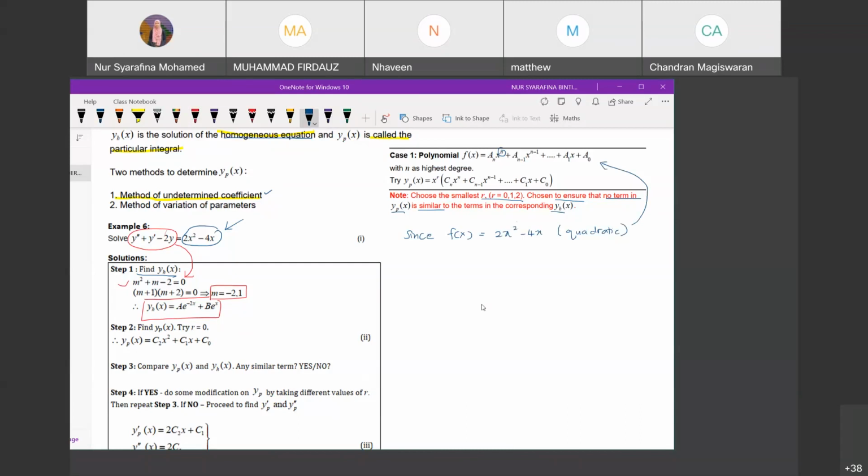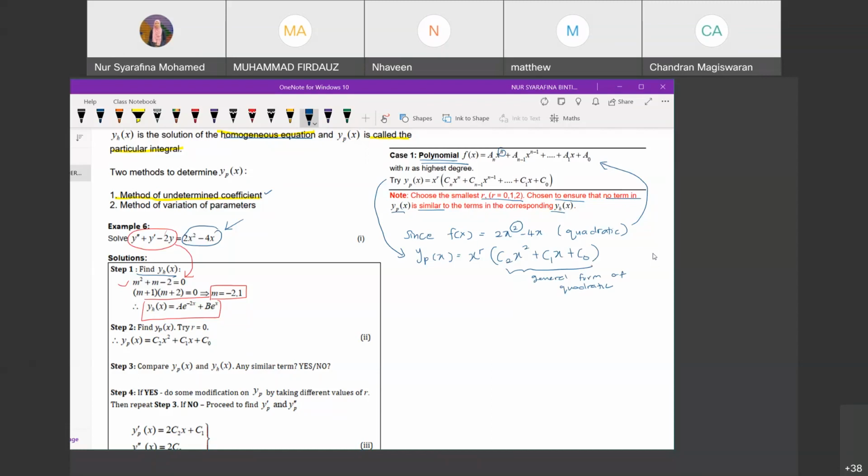So when your function is a polynomial, then your yp equals x to the power of r times the general form of a quadratic, C2x squared plus C1x plus C0, since the highest degree is 2.